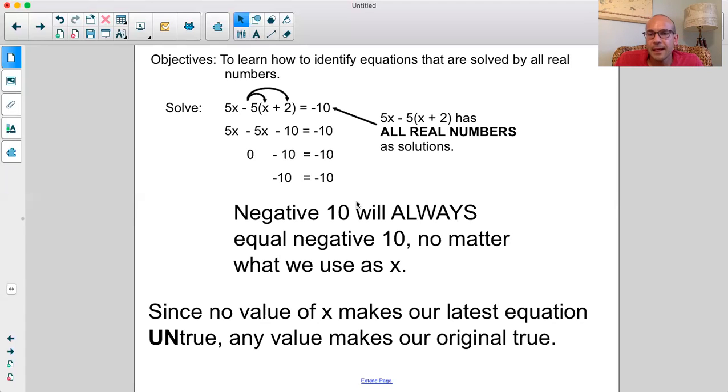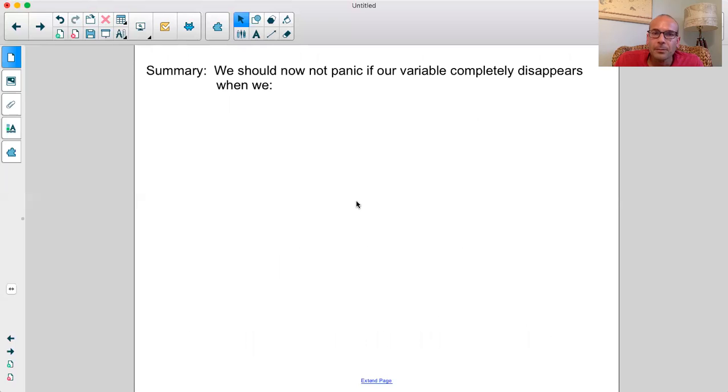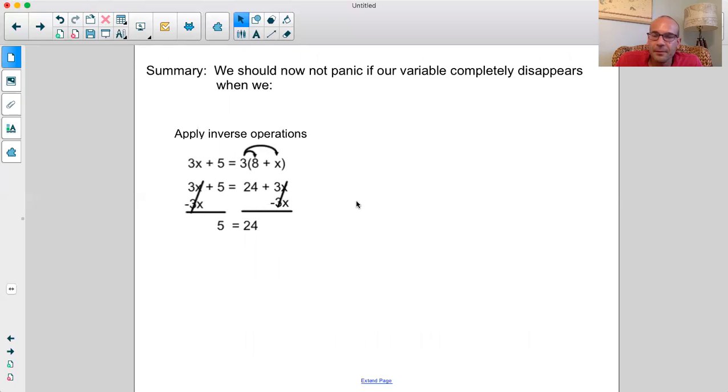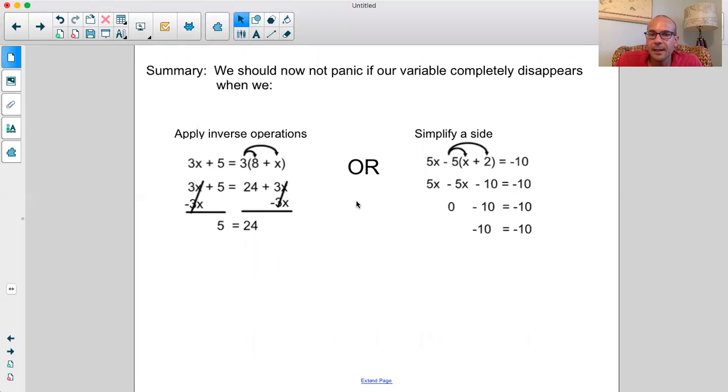Let's summarize that. We should now know not to panic if, when we're solving equations, the variable completely disappears. That's whether we're applying inverse operations and we watch the 3x's go away at the same time and all the x's disappear, or whether you're simplifying a side and you find that like terms cancel each other out. When no variable remains at the end, you now turn it into a true-false game.